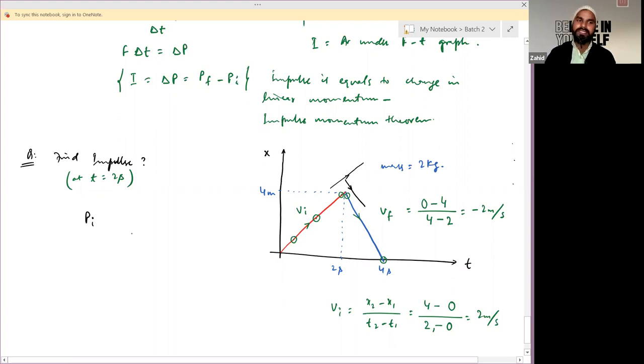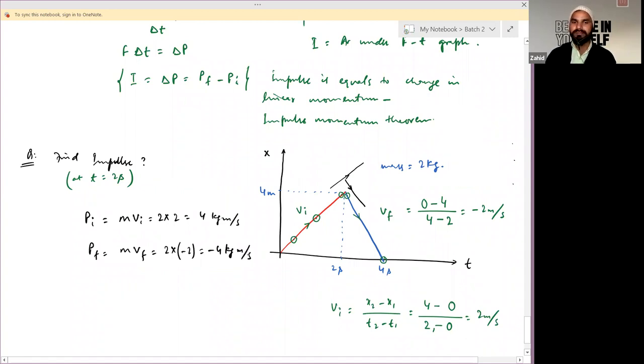So from this, we can write P initial is mass times Vi. Mass is 2 kg and initial velocity is 2 meters per second, so it will be 4 kg meter per second. Similarly, Pf equals mass times Vf. Mass is 2 and velocity is minus 2, so it will be minus 4 kg meter per second.